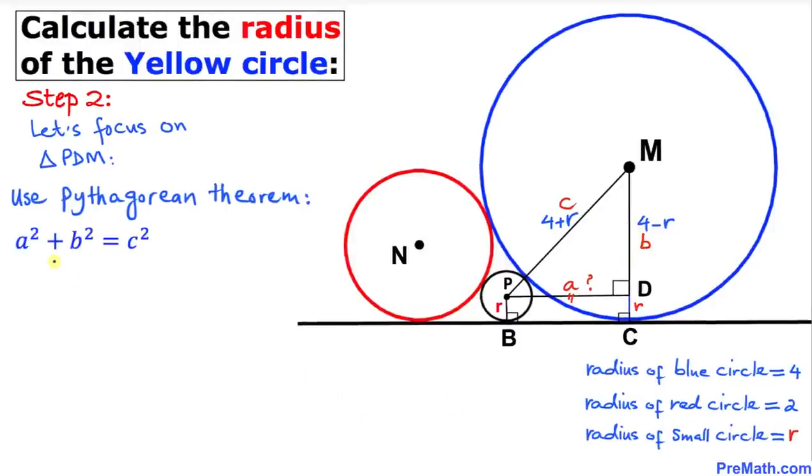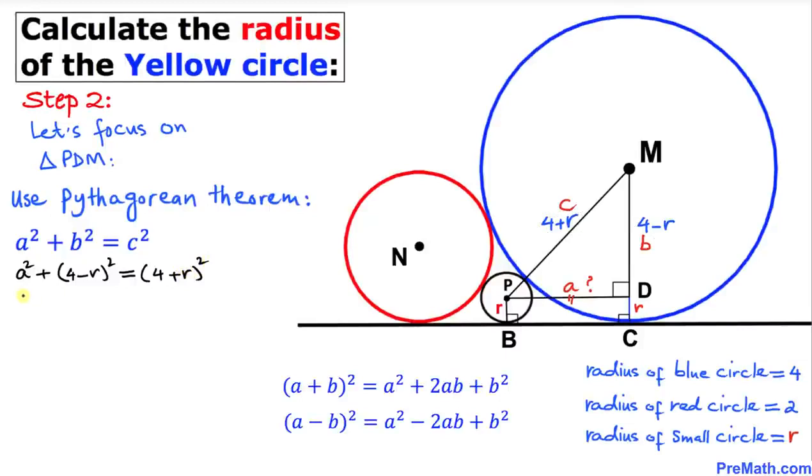Let's go ahead and fill in the blanks. In our case, a square, I'm going to just leave it a square, plus b in our case is 4 minus R, and then we are going to square it, and c in our case is (4 plus R) square.